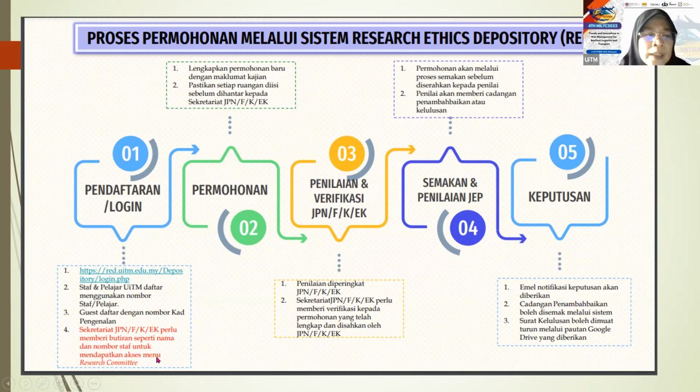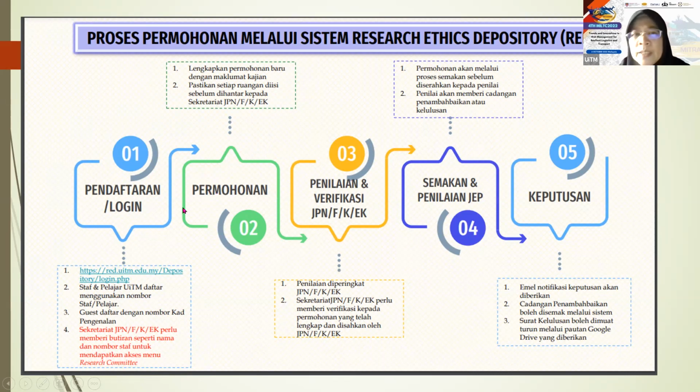Then the Secretariat of the Research Ethics at UITM will give you the names and the staff number in order for you to get access to the menu of the research committee if you are the secretariat.